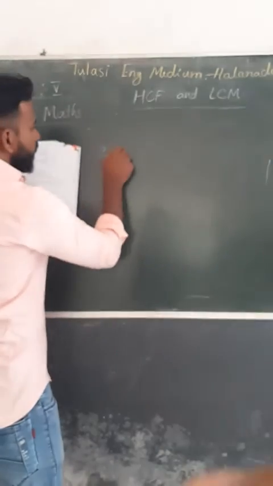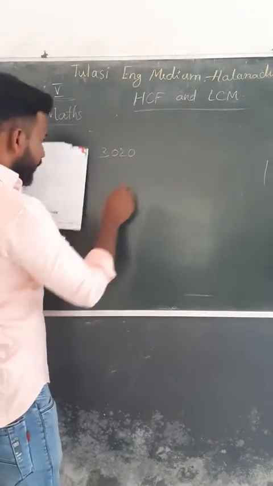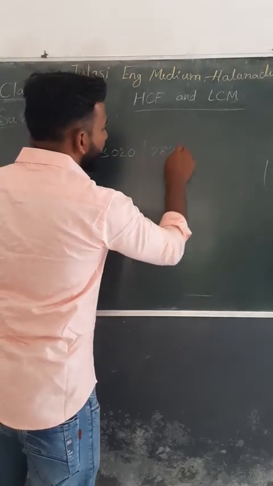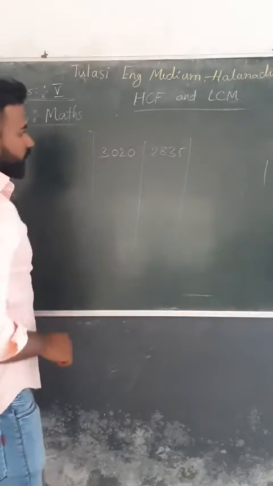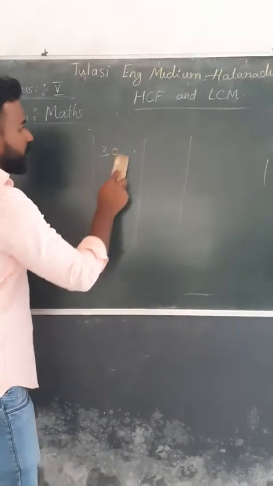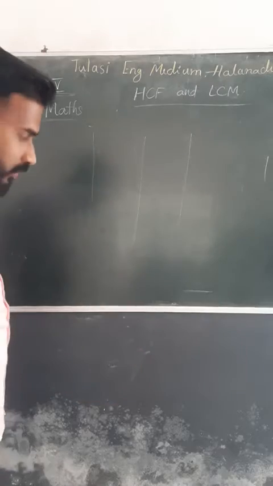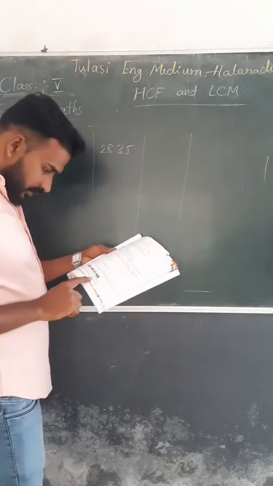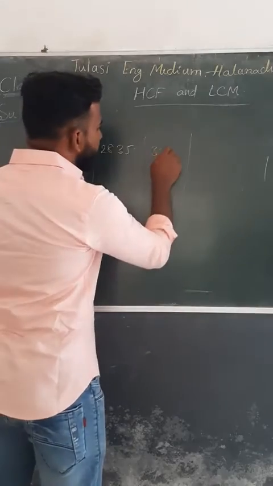First 3020 and 2835. Write the larger number first: 3020 and 2835.